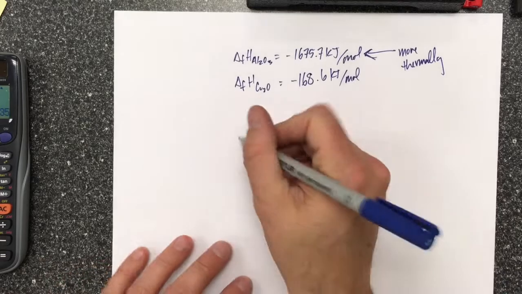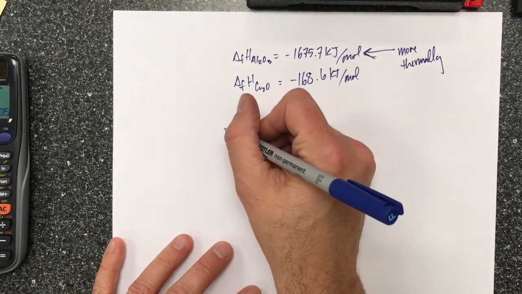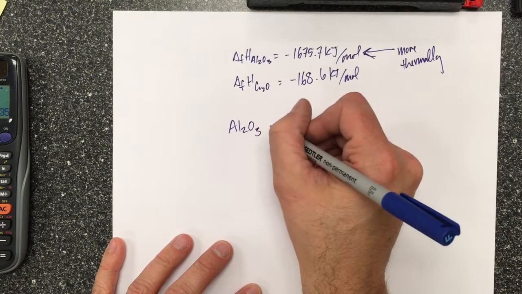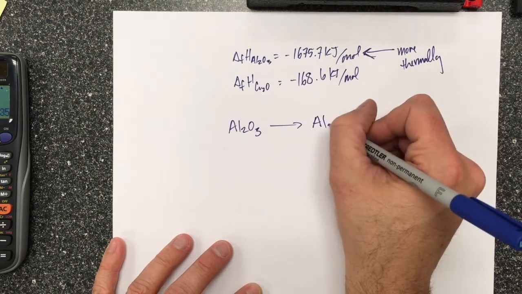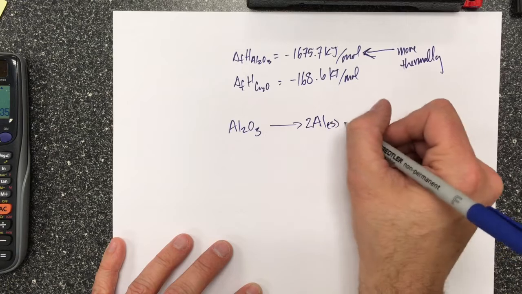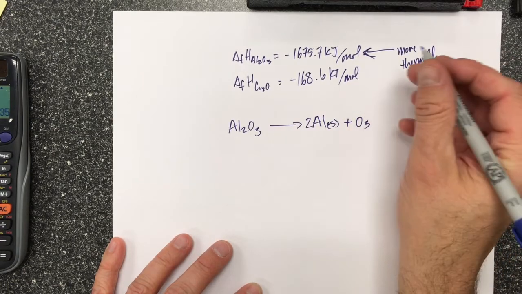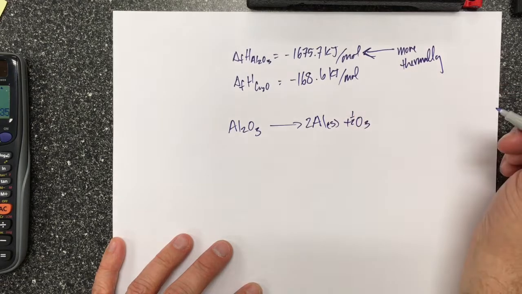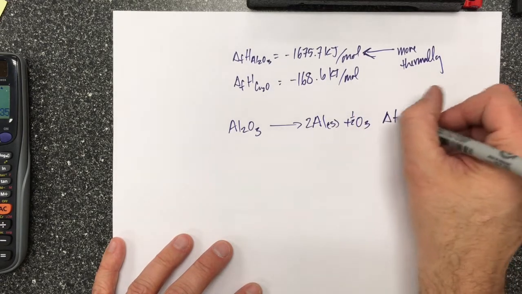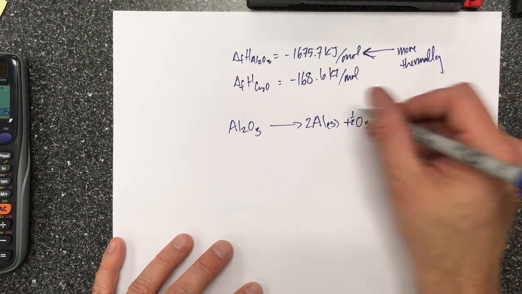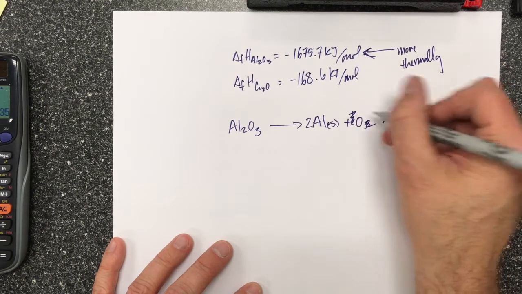If I wrote its formation enthalpy instead as a decomposition, so aluminum oxide breaks down into its components, the enthalpy here would be, oh no, that's right, O2, so 3/2.